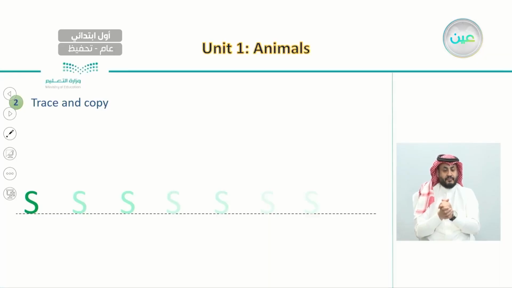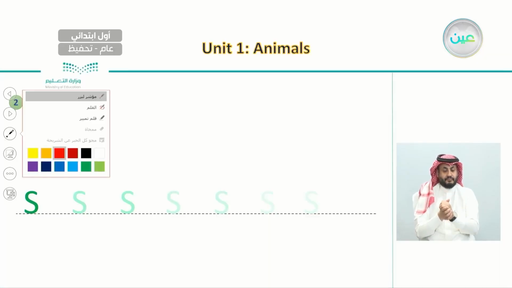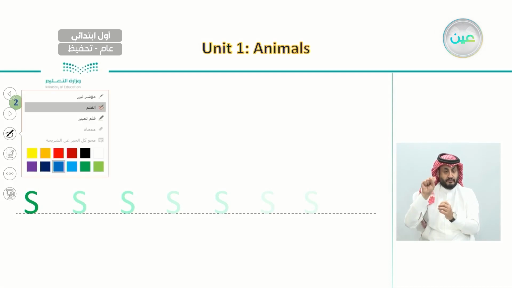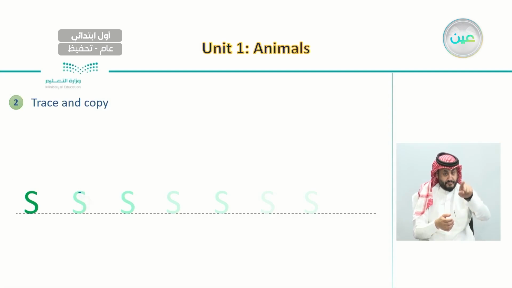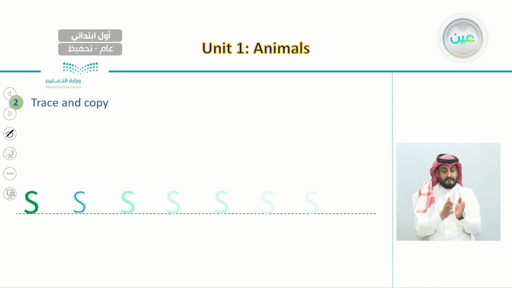So let's start with the first letter, which is letter S. What we're going to do now is trace letter S like this, and after we trace it, we're going to copy it. So letter S from the word sun.